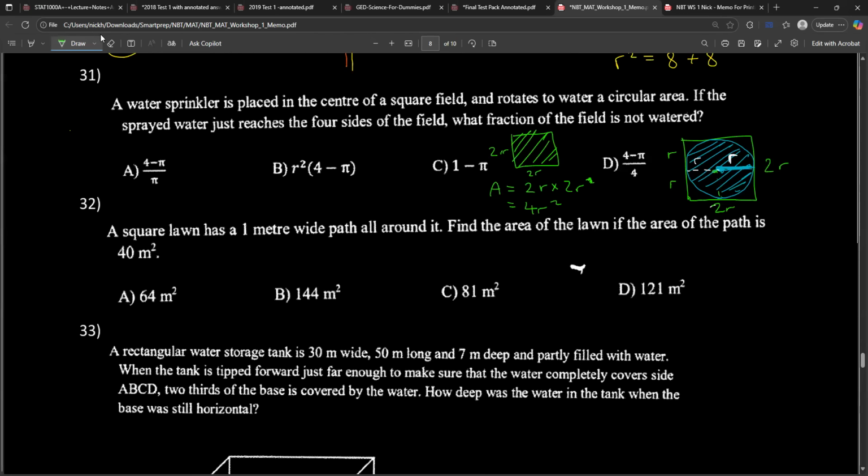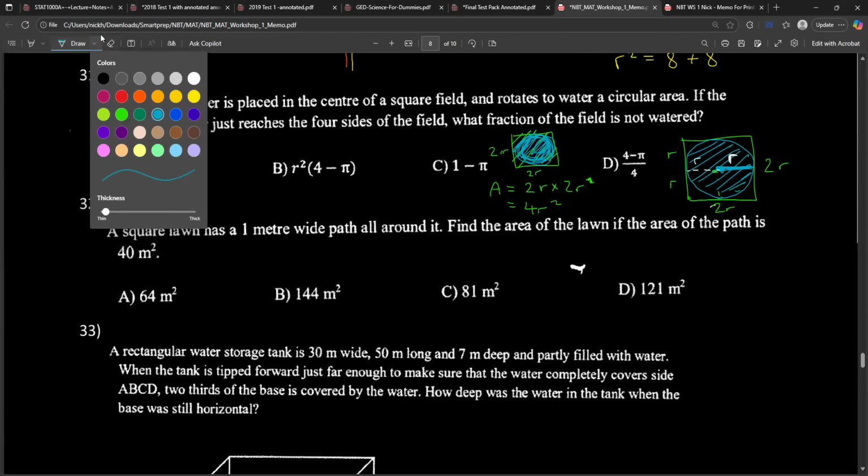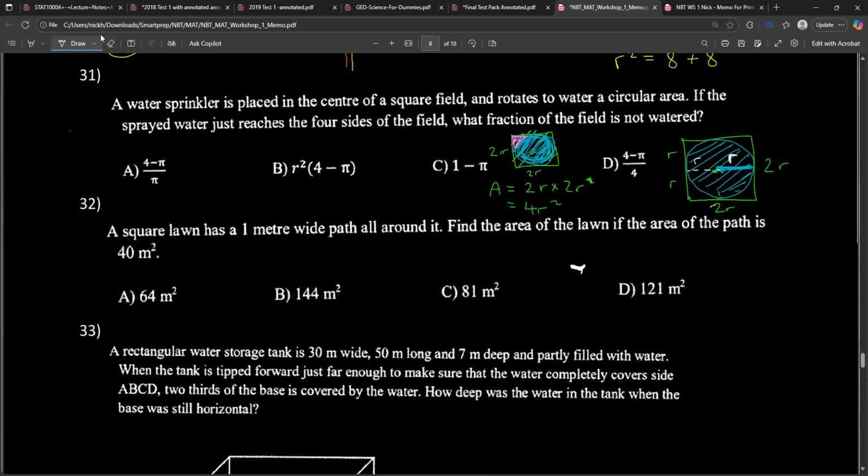Now, what you could do is subtract the area of the circle from that. So if I do the circle above, what I'd be left with is just the corners, right? Let's do that in pink. I'd just be left with these corners.